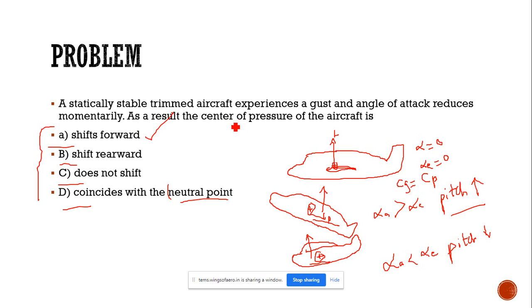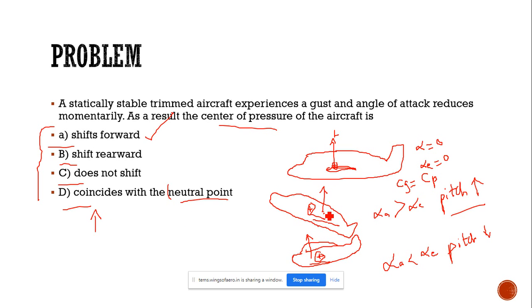Do you know what is center of pressure? Center of pressure is the point at which the net moment due to the pressure distribution is zero. That means the moment because of the pressure distribution will be zero.